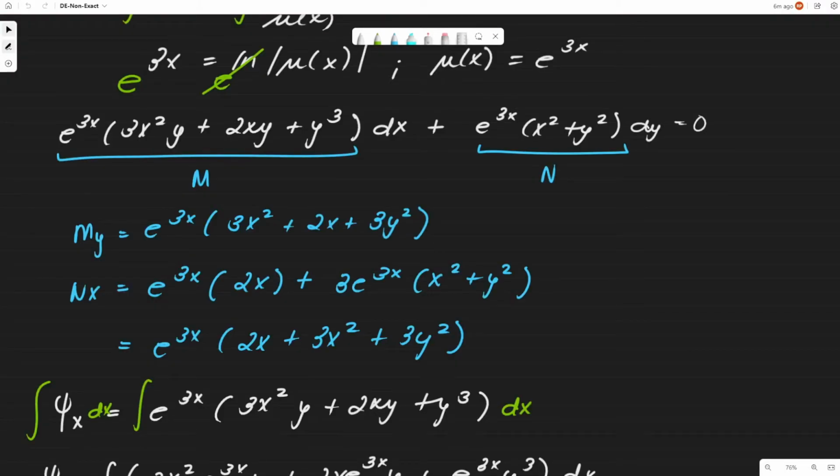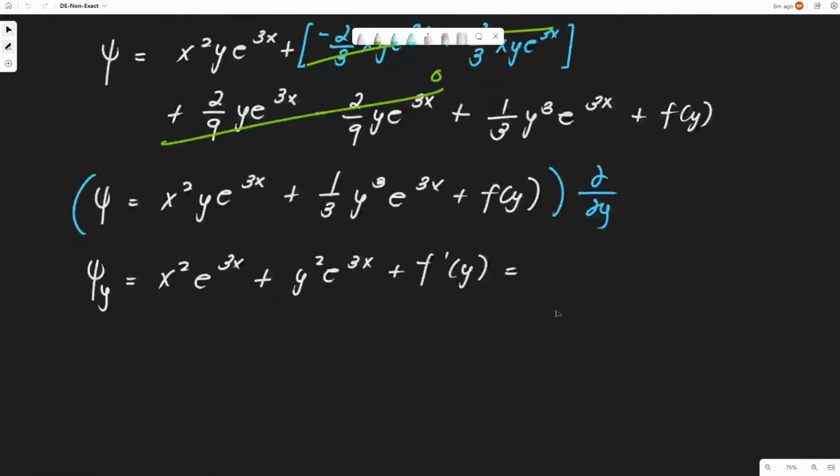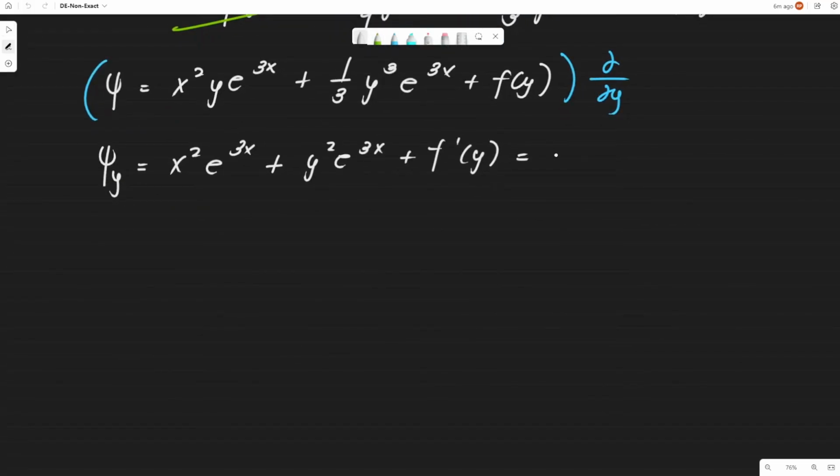Okay, so we have here our N is equal to e raised to 3x times x squared plus y squared. So that is our N, and we're going to equate it with N. What can you observe, guys? If we distribute e raised to 3x with x squared plus y squared, we arrive at the same value as the left side of the equation.